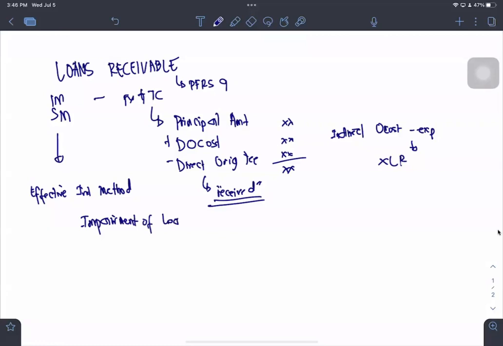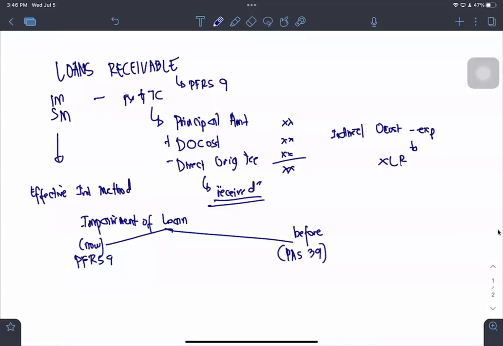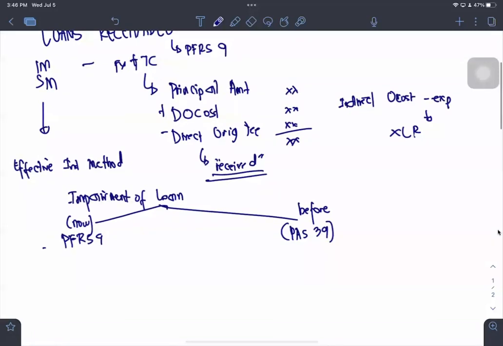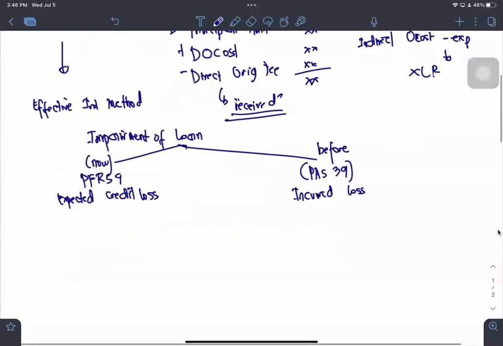In the impairment of your loan, now we have your PFRS 9, but before, we have your PAS 39. Under PFRS 9, we are using your expected credit loss model, while under your PAS 39, we are using your incurred loss model. So what's the difference?